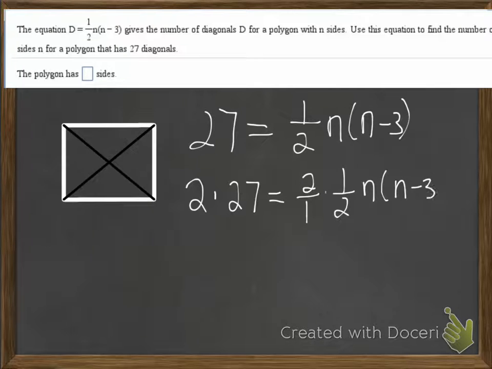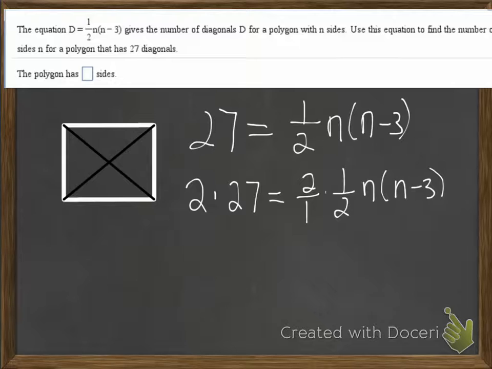Now be careful here. You multiply each term. Terms are things that are separated by an equal sign or a plus or a minus sign. That 1/2 n and n minus 3 is one term. It's just a big product. So the 2 is only going to be multiplied times that whole thing once, not three different times.